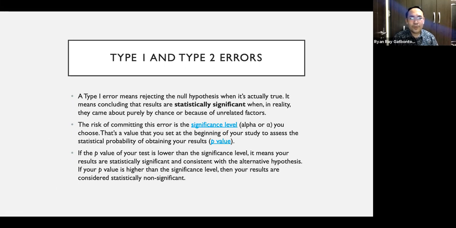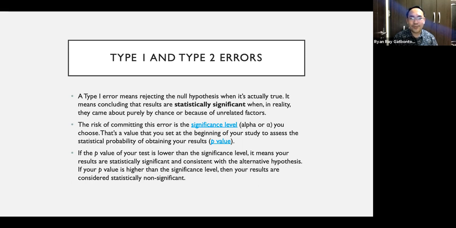So, why do we need to establish the level of significance? Because it's one way to prevent errors, or your type 1 error. A type 1 error means that you reject the null hypothesis when it's actually true.